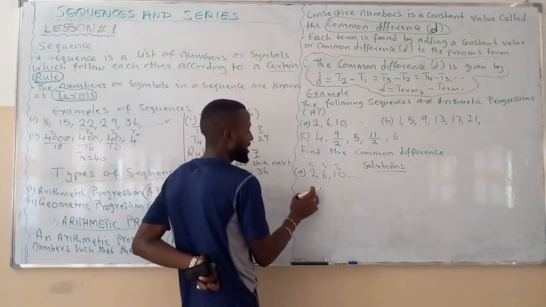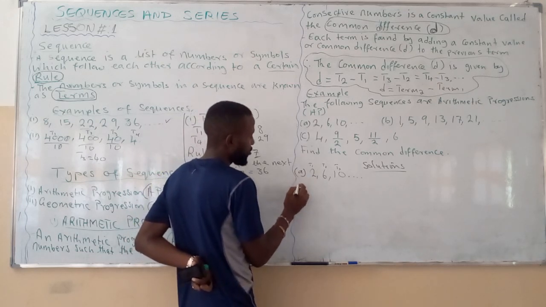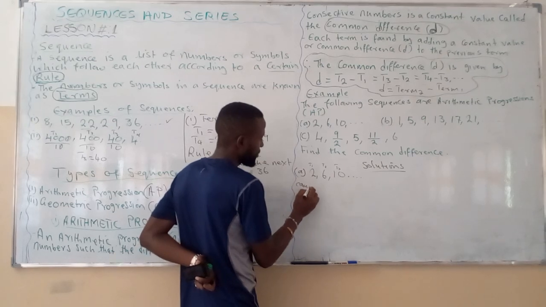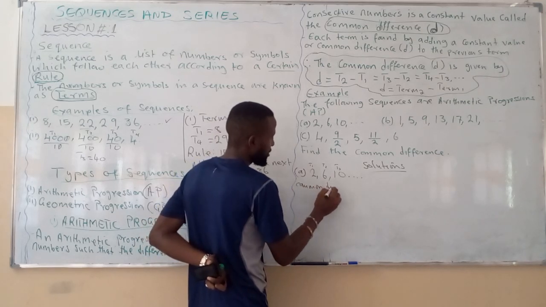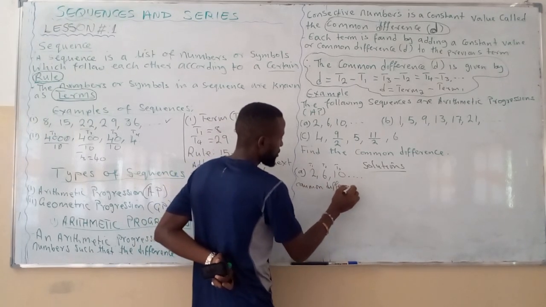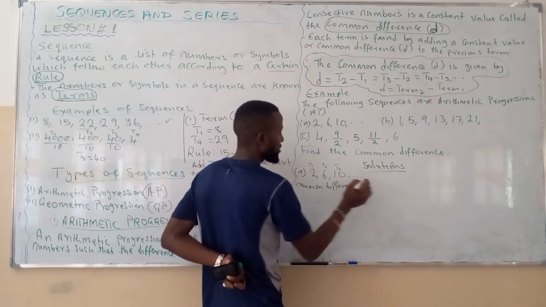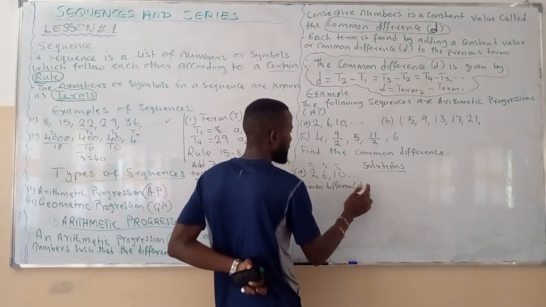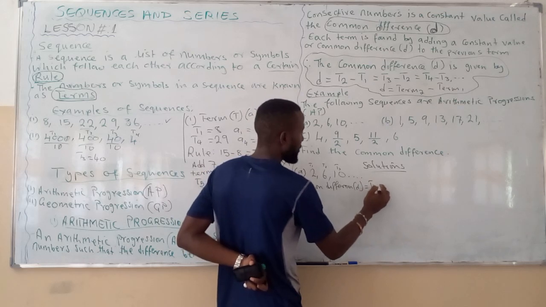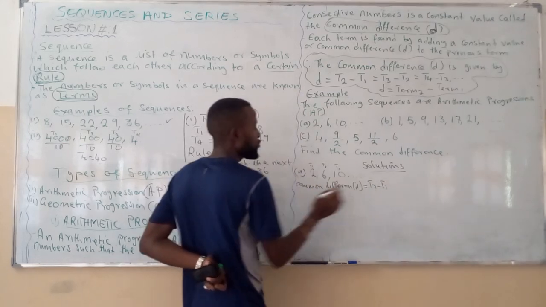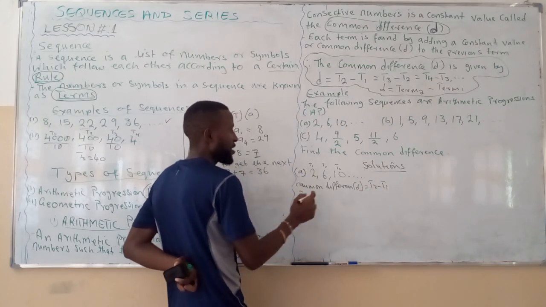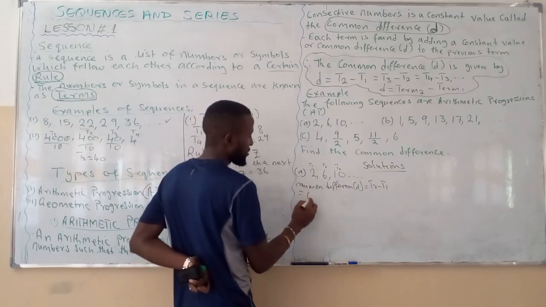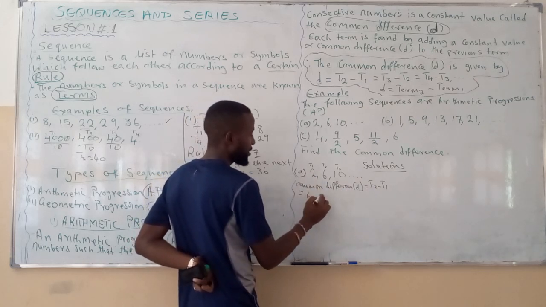So for me to find the common difference, let me write: common difference, which is represented by D. In this scenario, it is going to be T2 minus T1. What is my T2? It is 6. Minus T1, it is 2.